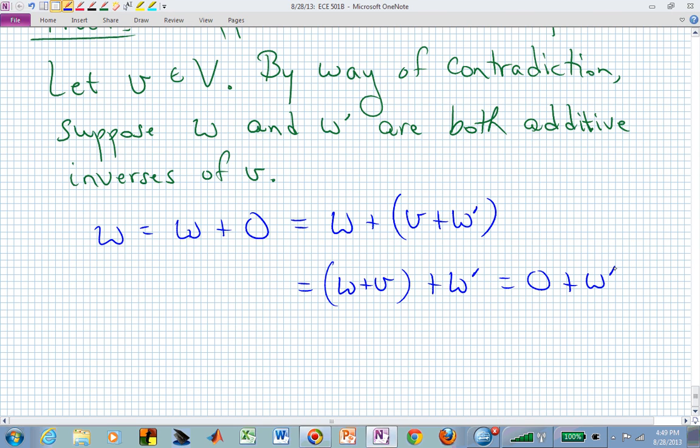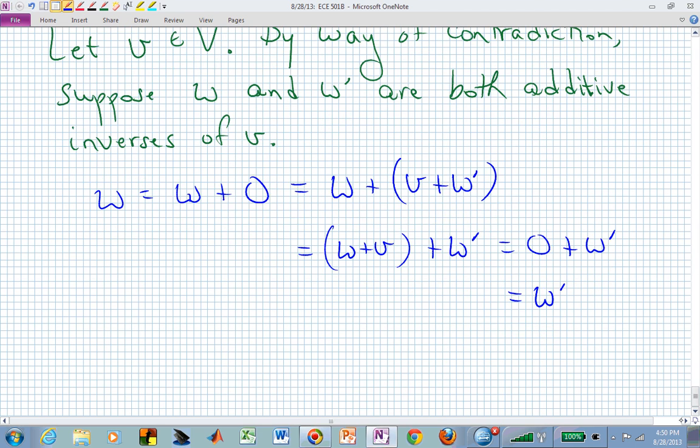So now I have that's equal to 0 plus w prime, but 0 plus w prime is equivalent to w prime. What have we shown? Now we've shown that w is equal to w prime. So they have to be equal. They're not different. And that's then this contradiction that we were hoping to find.